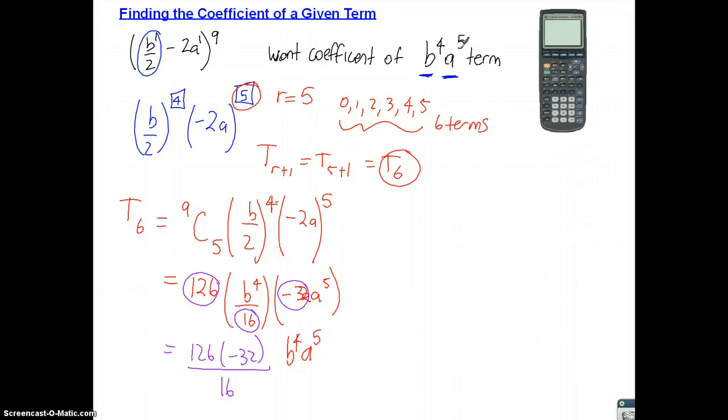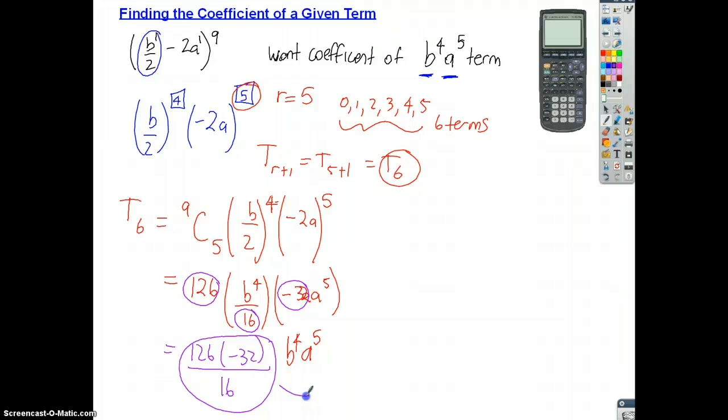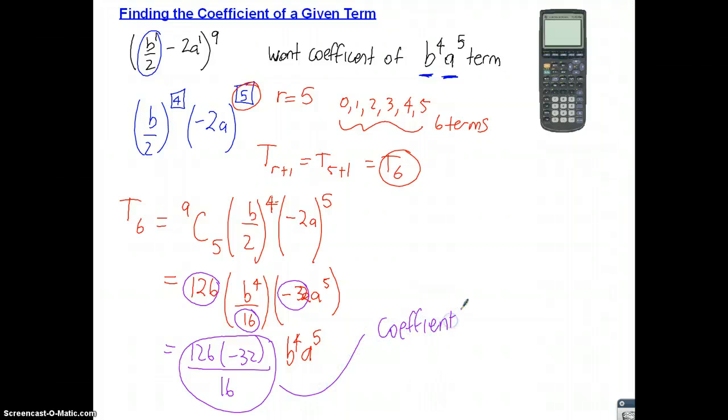When we find our coefficient, it becomes a bit of calculator work: negative 252. Done.